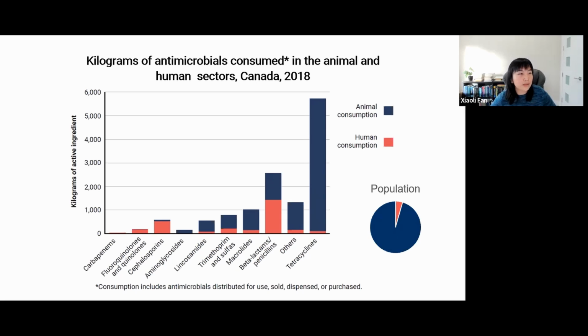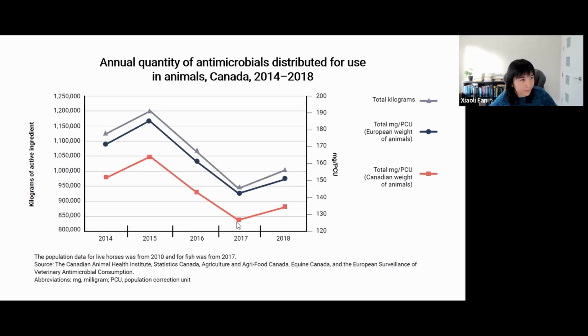But there are also other antimicrobials, for example the macrolides, that are used in animals. In the right corner, I have a comparison of the human and animal populations. Animals are consuming a lot because there are many more animals in Canada than humans. That's some basic data of antimicrobial use in animals in the last several years.